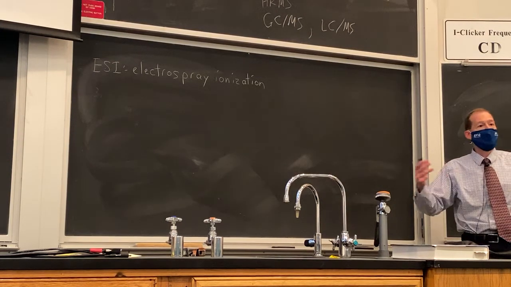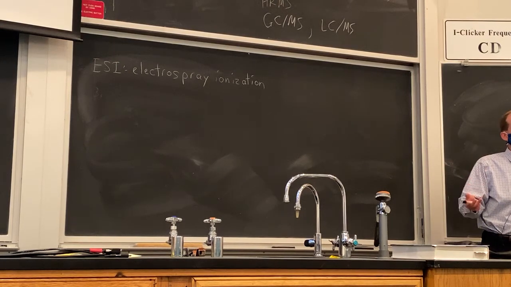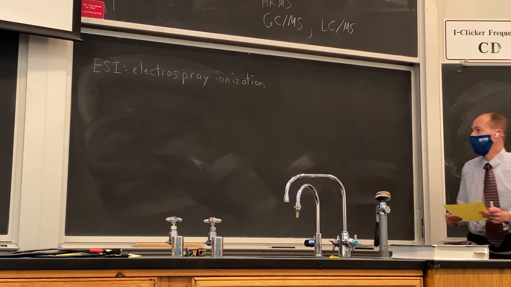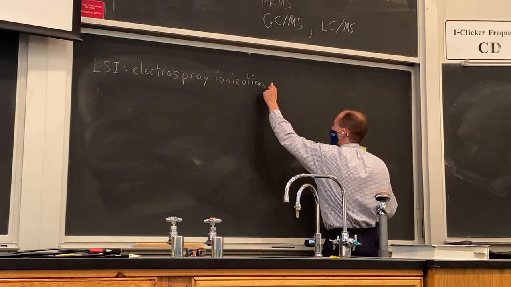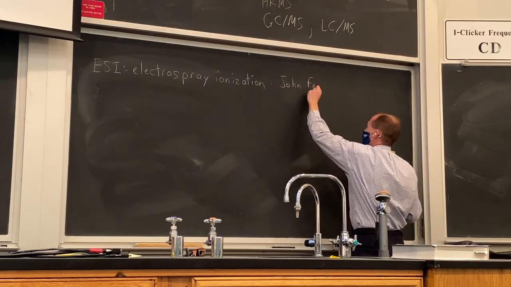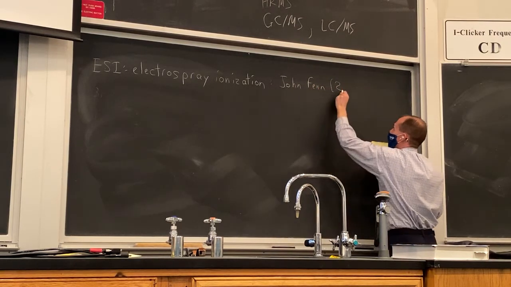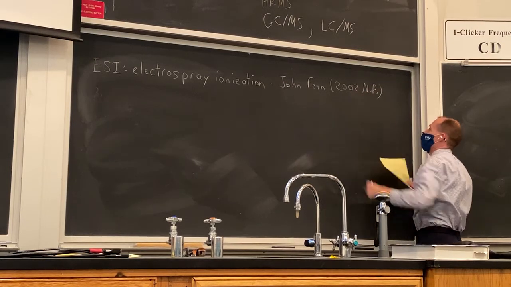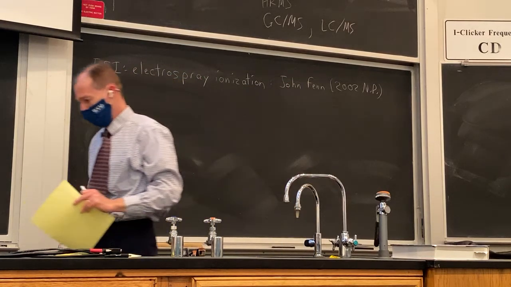So if you have large molecules, such as proteins, you're not going to be able to vaporize a protein to study it by EI mass spec. But you can use electrospray ionization. This was developed by multiple people, but a man named John Fenn was the key player. And because of the wide utility of this method, he won the Nobel Prize in Chemistry in 2002.